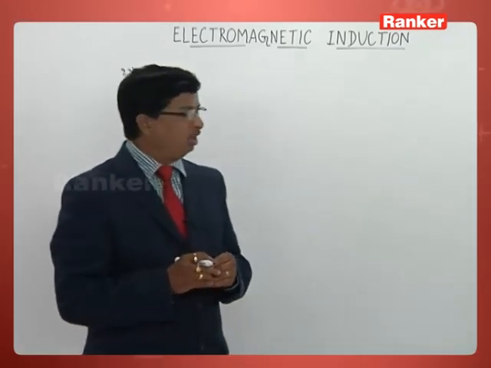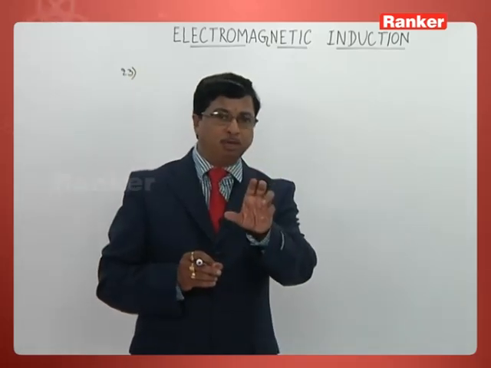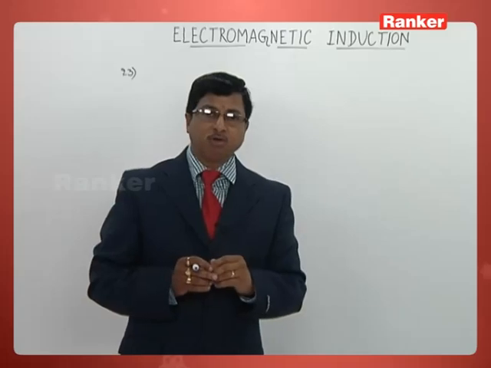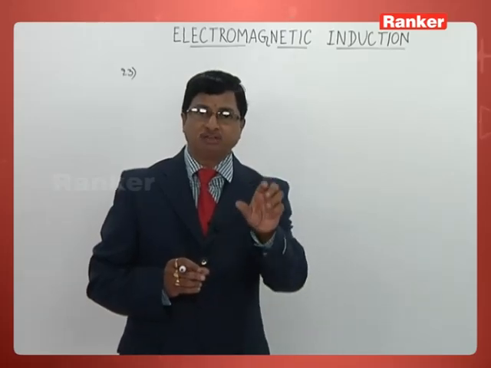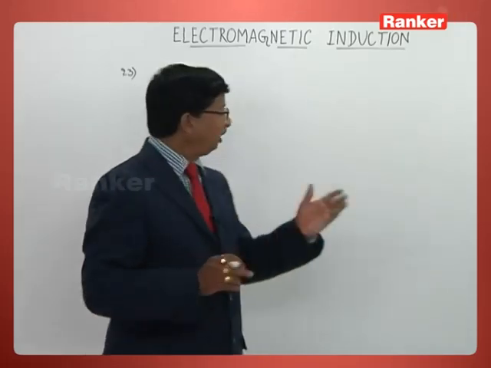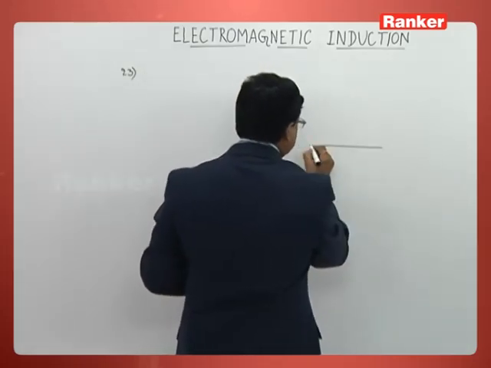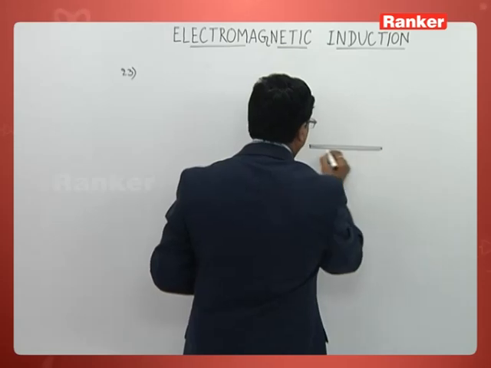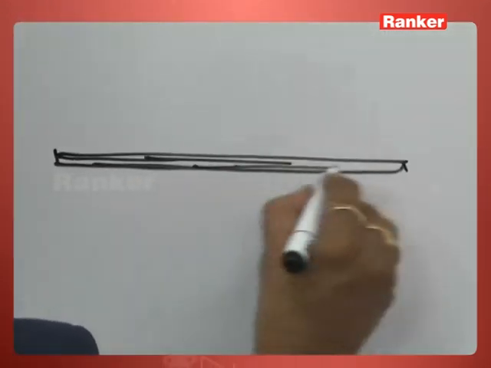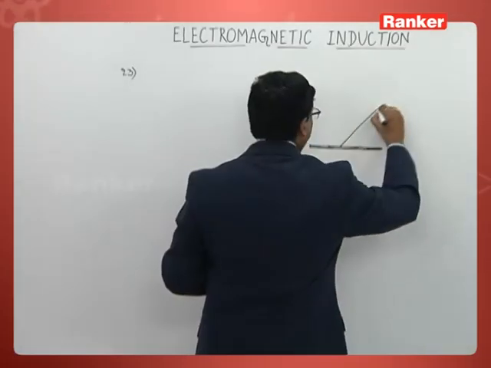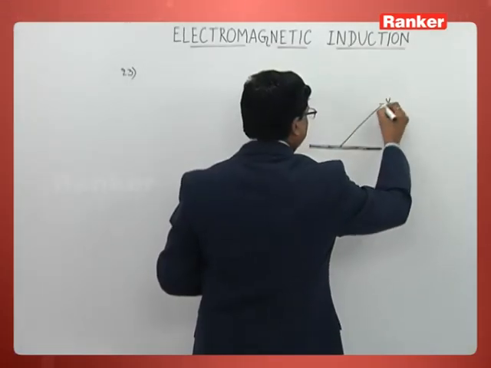Observe first of all, this is one more problem which is based on motional EMF that is produced across the ends of a body. What is he talking about, you see? There is a rod like this, a uniform body like this. This now is just moving this way with a velocity v.